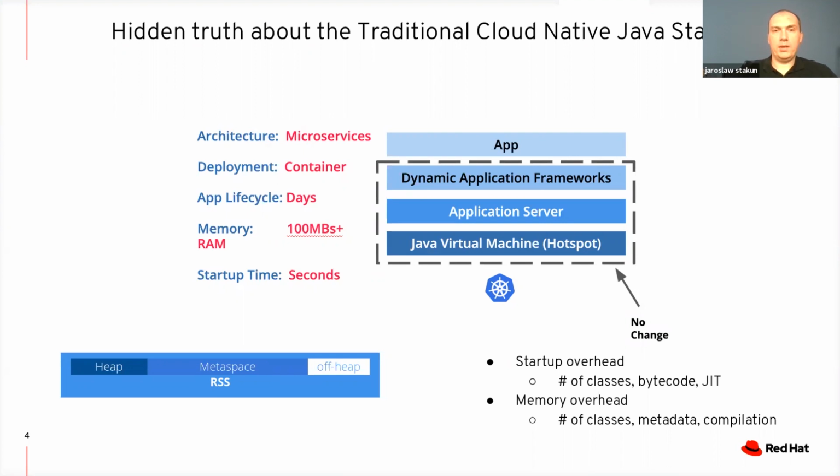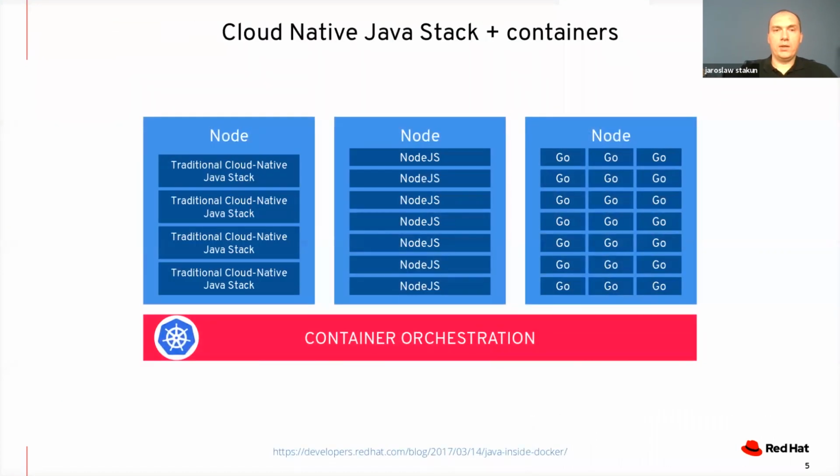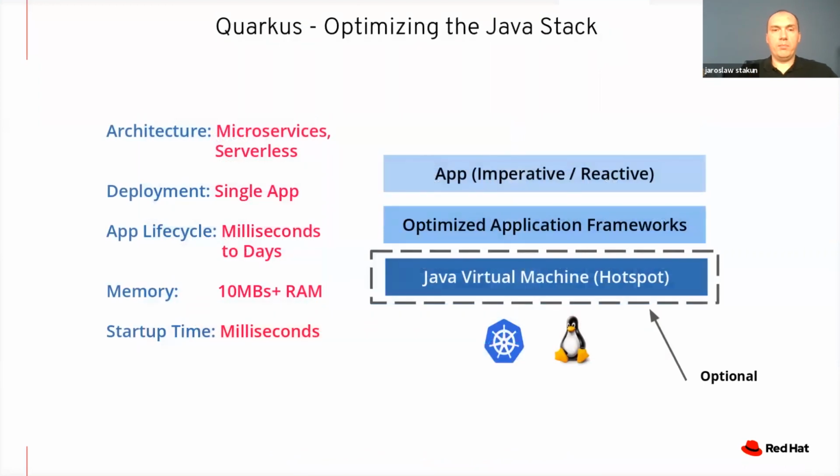And this is how we can now compare the size of an application that is developed in Java and has been containerized compared to other technologies like Node.js or Go. And these are basically the main reasons why the Quarkus stack has been created.